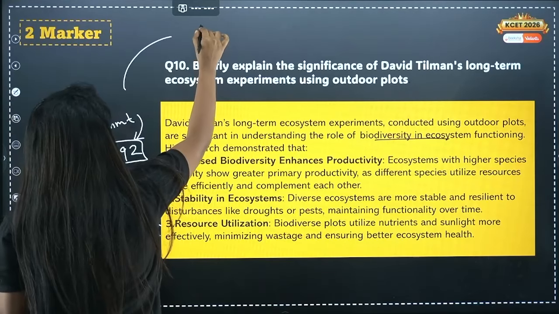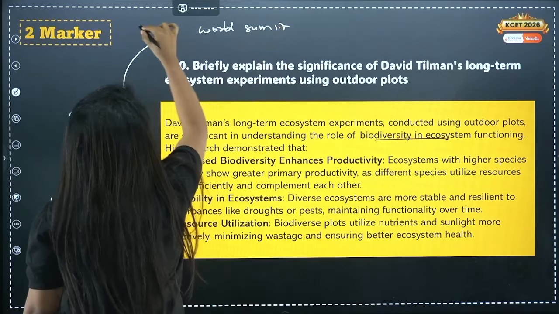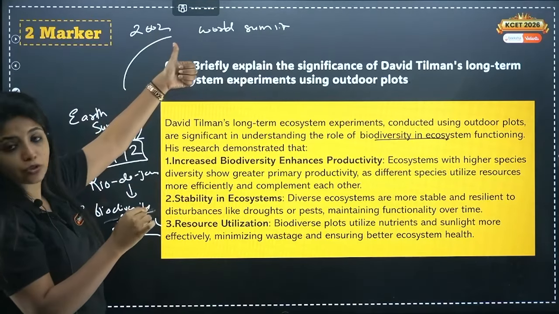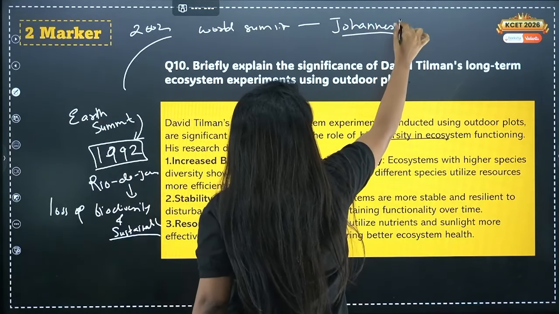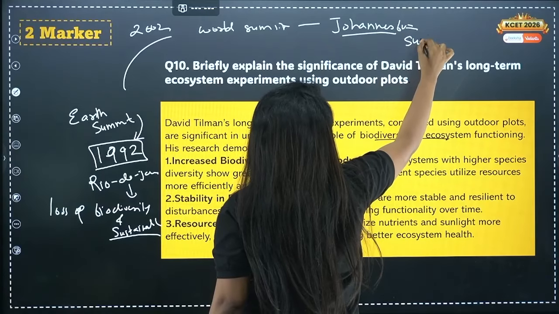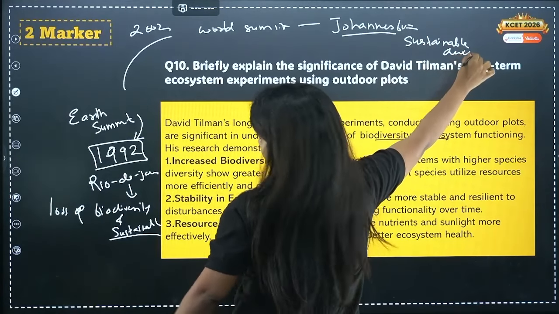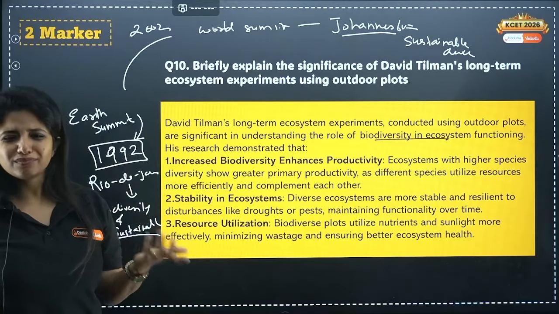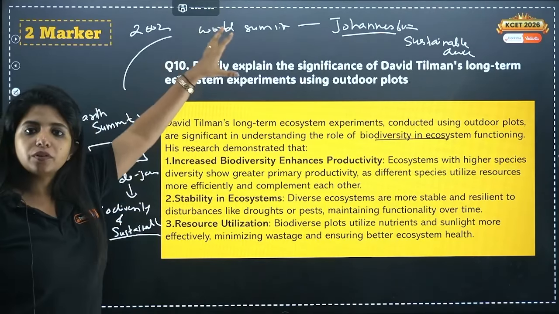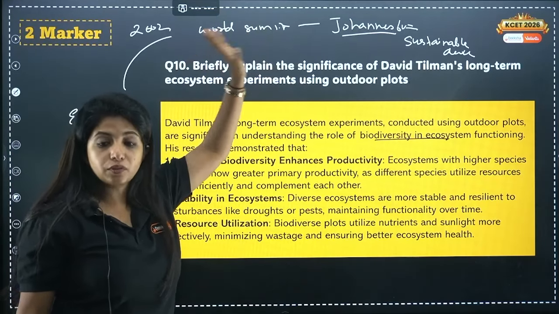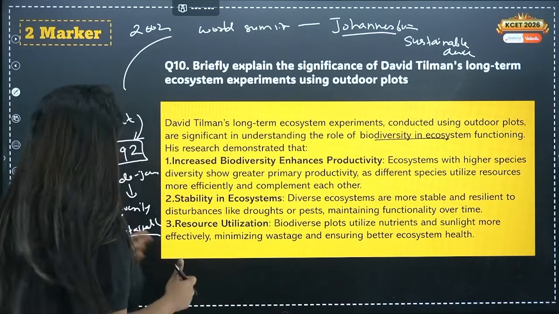Then there was another summit, but this time it was the World Summit in the year 2002. So 1992 and 2002. This happened in Johannesburg. Here they spoke more about sustainable development rather than biodiversity. Both were there, but somehow the question is being framed. So please know, Earth Summit 1992 Rio de Janeiro, and 2002 the World Summit in Johannesburg. Please know that.